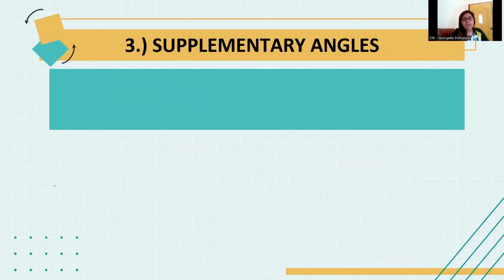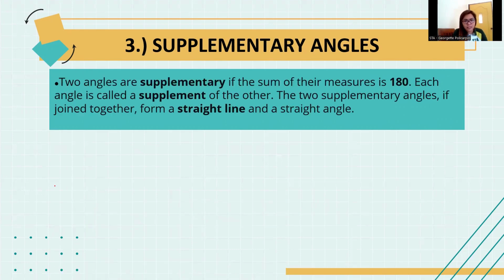Okay? So, kapag naman hindi 90 degrees ang sum, meron kang dalawang angles, adjacent man or non-adjacent, but when you add them, the result is 180 degrees. Yan naman yung tinatawag nating supplementary angles. No po?